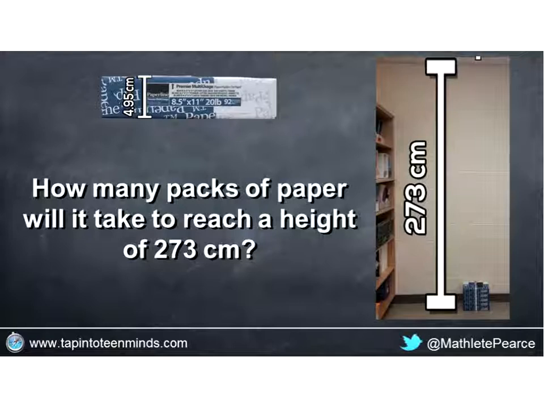So what I want you to do right now is take a second, and on the screen, if we were to look at this scenario, if we're talking about how many reams of paper to get to the top of the room or to the ceiling, what would be the 2 variables that we would be relating? What is the relationship we are referring to here?